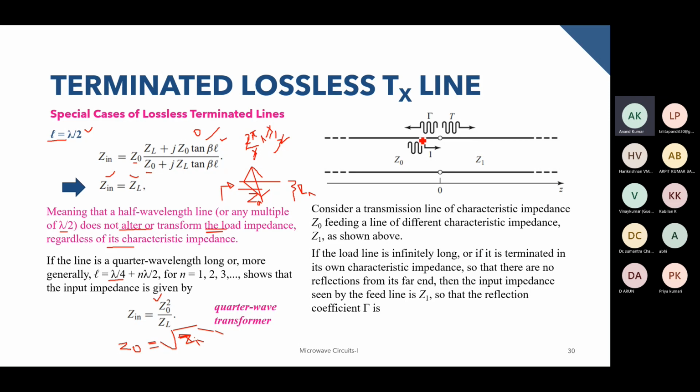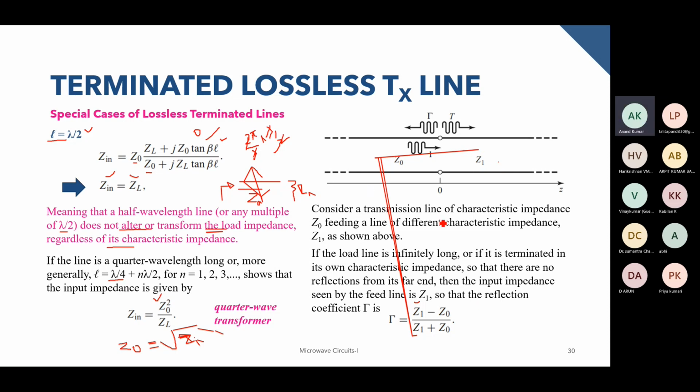Some of the incident wave will be transmitted and some of it will be reflected. The reflection coefficient is given as Z1 minus Z0 by Z1 plus Z0. So what we have done is replace ZL by Z1, looking at this second transmission line as the load impedance.